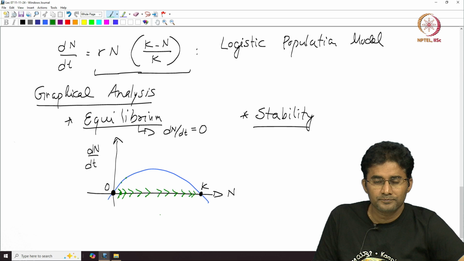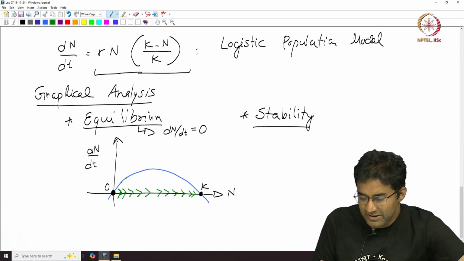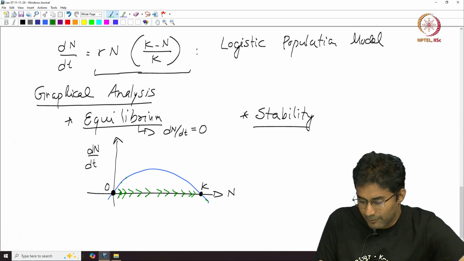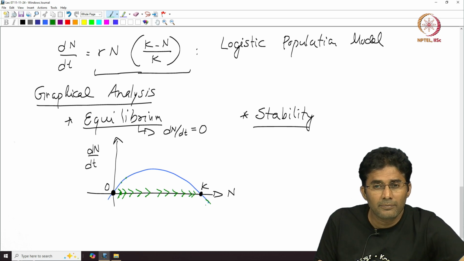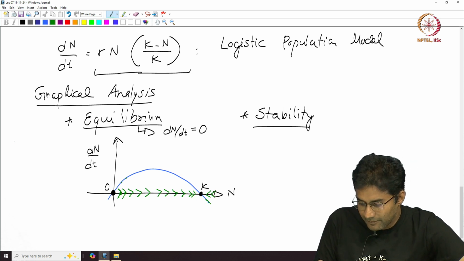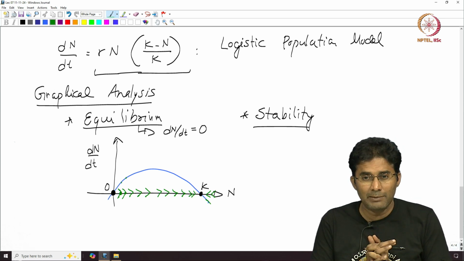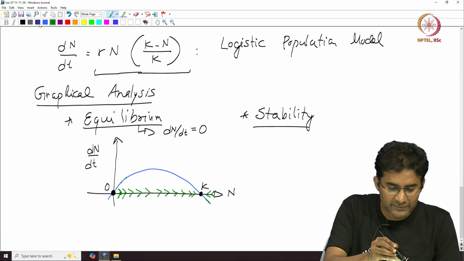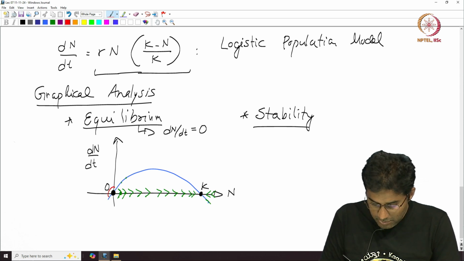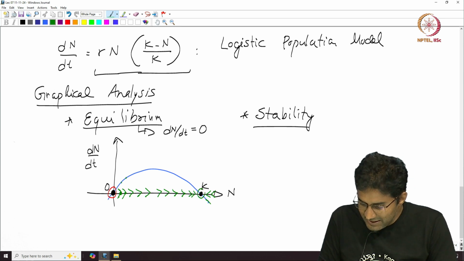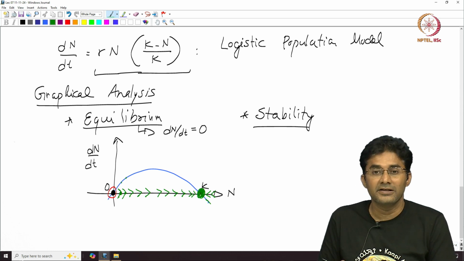On the other hand, if I were to start the population at values greater than k, meaning above the carrying capacity, the blue line is now below 0 and it is negative, therefore the population will decline. This is called a flow diagram, and what we learn from it immediately is that 0 is an unstable equilibrium, which I am denoting by a red circle here, whereas carrying capacity is a stable equilibrium, which I am denoting by a solid green dot.